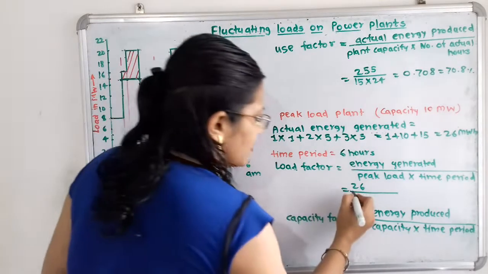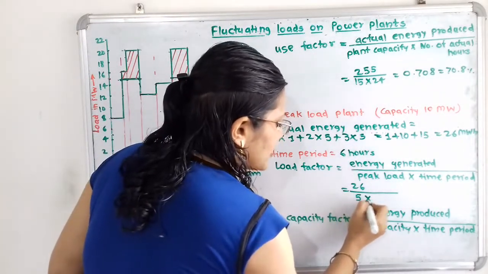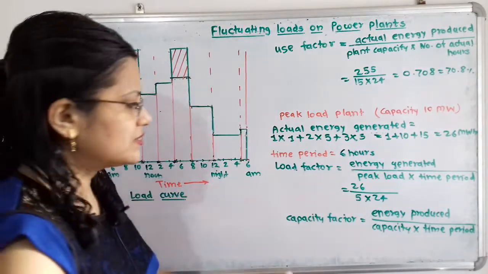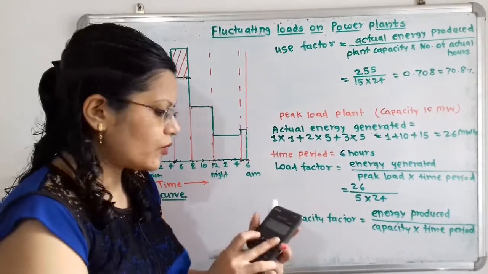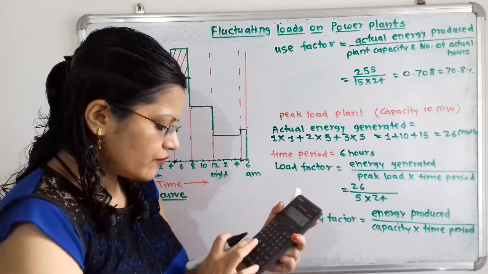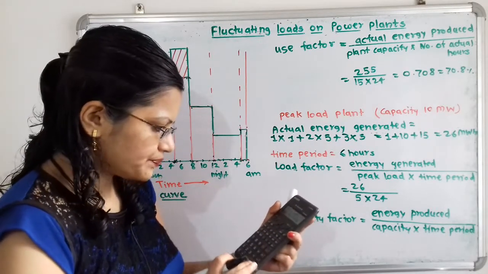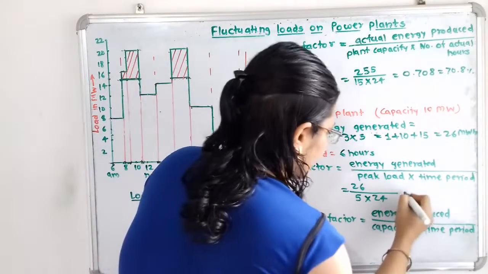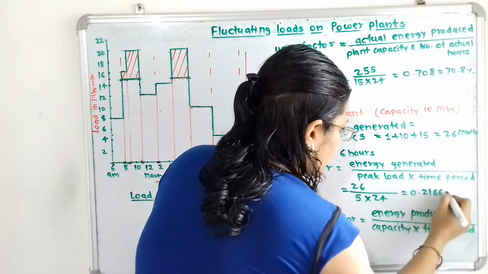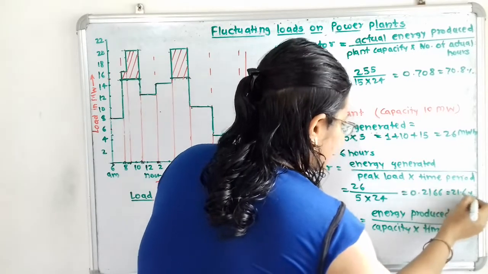So peak load 5 multiplied by time period, which is for one day, so we consider 24. The answer is 26 divided by 24 multiplied by 5, which is 0.216. So we will say that it is 21.6%.